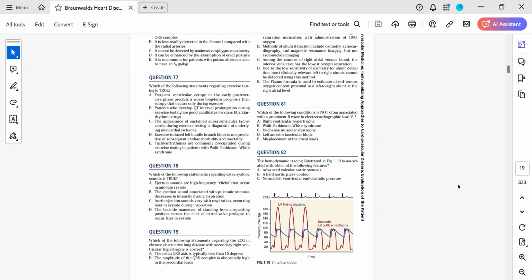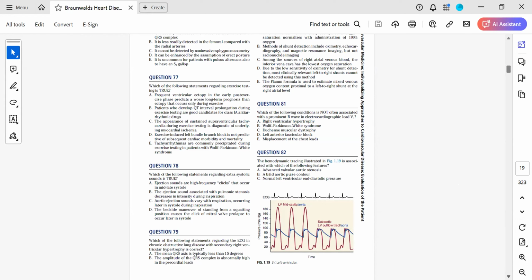Okay, so I'll go ahead and try to answer the questions for the options now. The question says the hemodynamic tracing illustrated in this figure is associated with the following features. A, advanced valvular aortic stenosis.